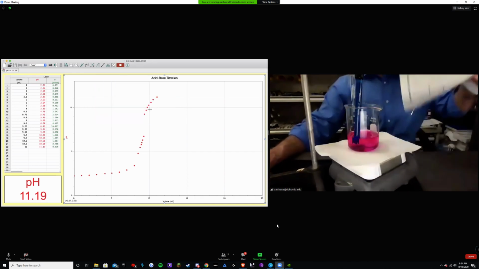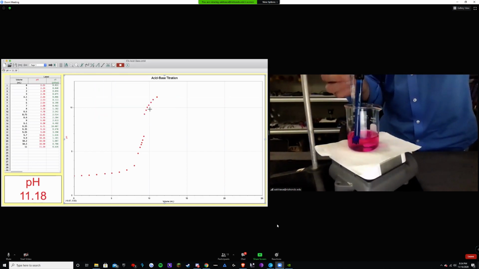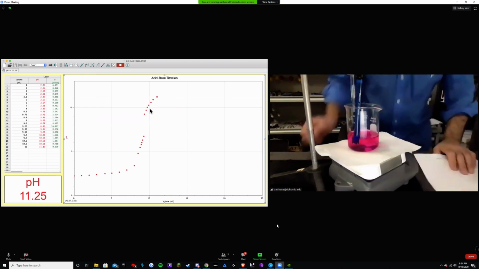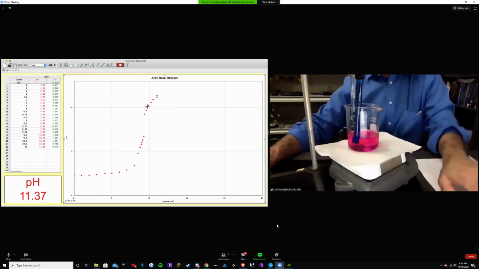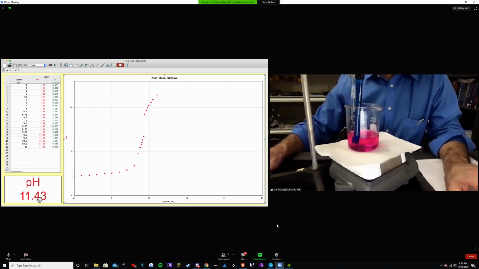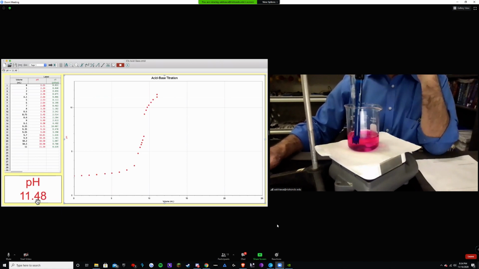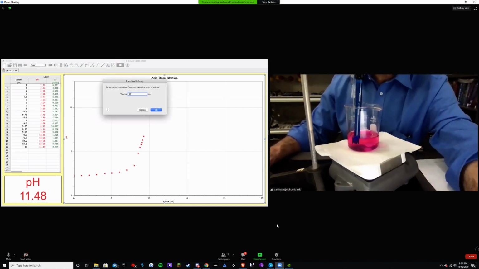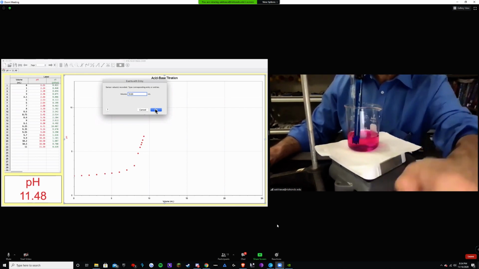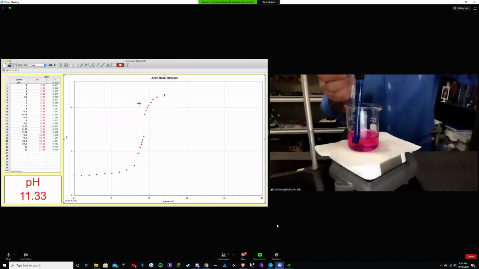And let me add another milliliter. I'll make it 12. Not bad. It's hardly moving. So this is 12.00. Now I'm going to add another milliliter.